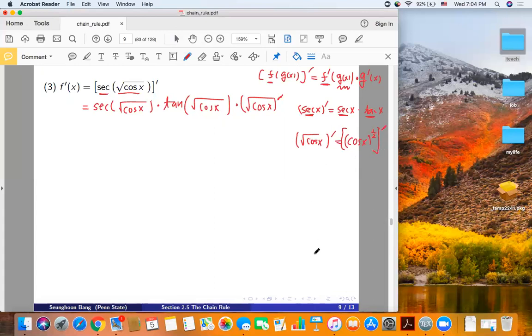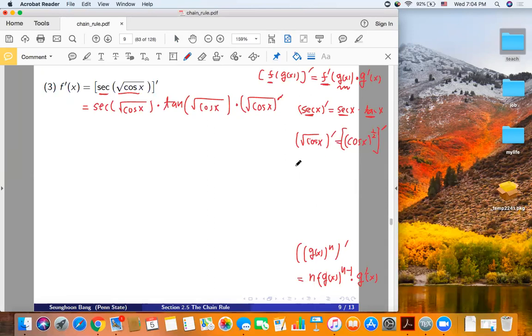We use the power rule, right? Power rule combined with the chain rule. So we have g of x to the power n prime, we have n times g of x to the n minus 1 times g prime of x.